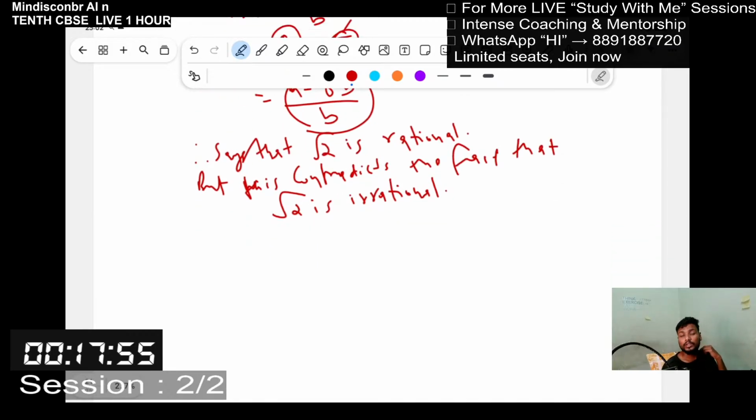This contradiction occurred due to our wrong assumption that 5 plus root 2 is rational. So 5 plus root 2 is irrational.